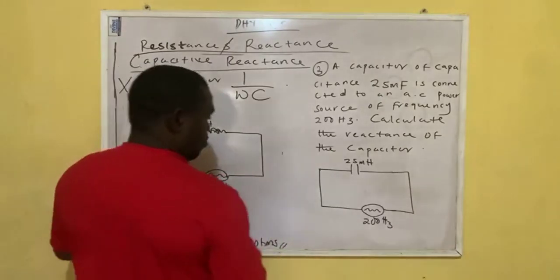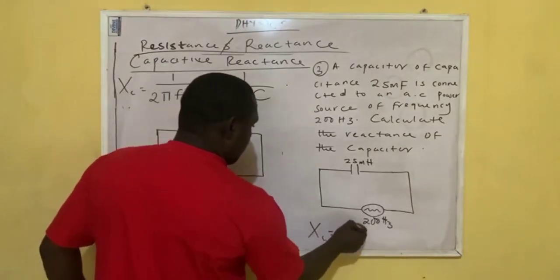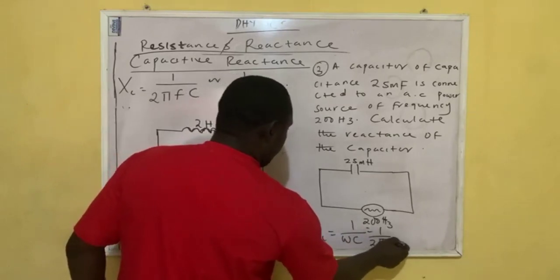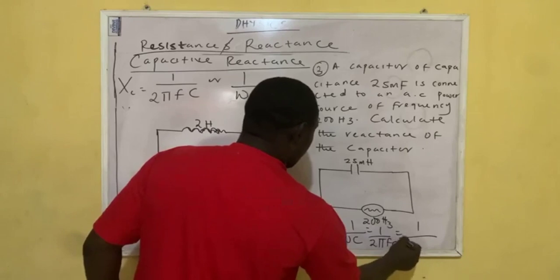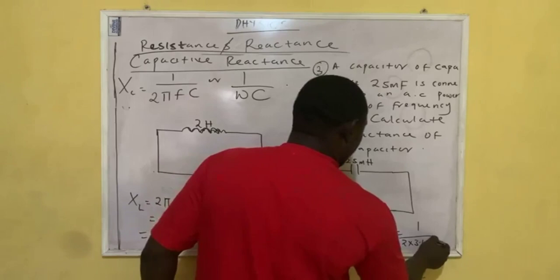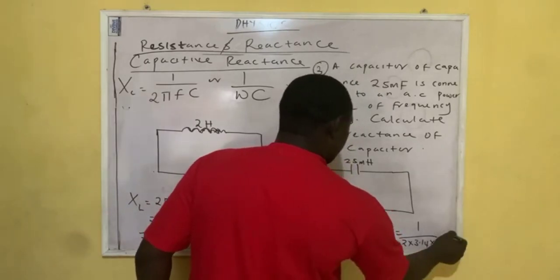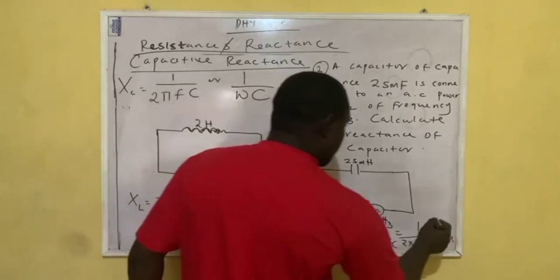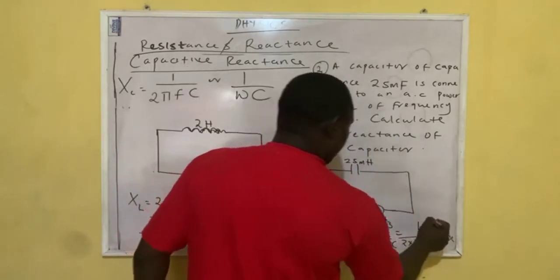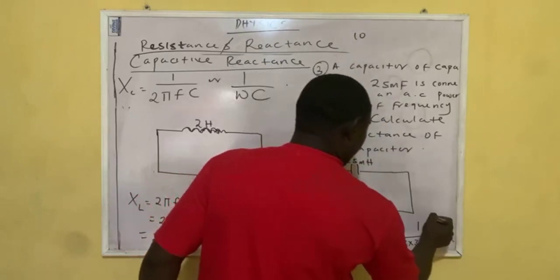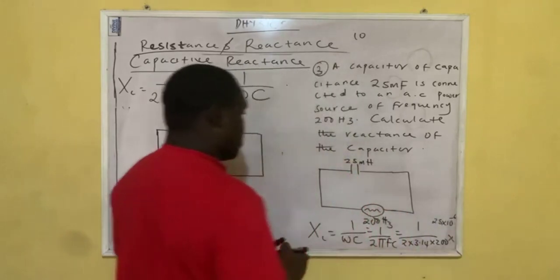So the question says we should find, what are we looking for, please? We are looking for XC, which is 1 over 2 pi fC, which is 1 over 2 times 3.14 times 200 times the capacitance. Capacitance is given in millifarad, so in farad that is going to be 25 times 10 raised to the power minus 6.